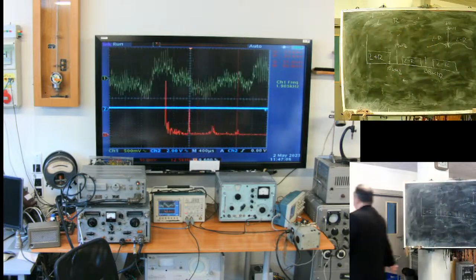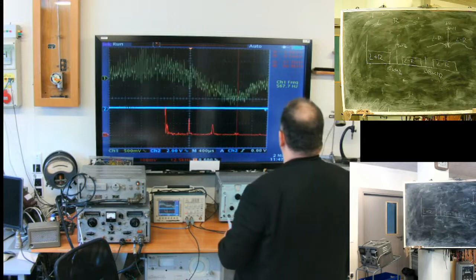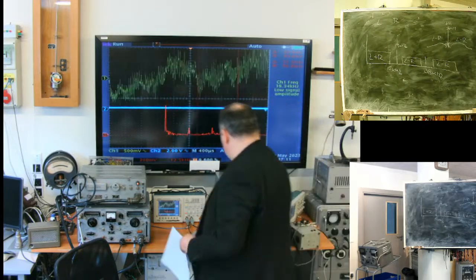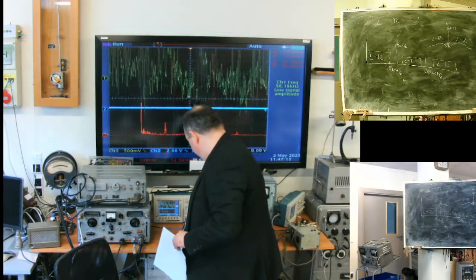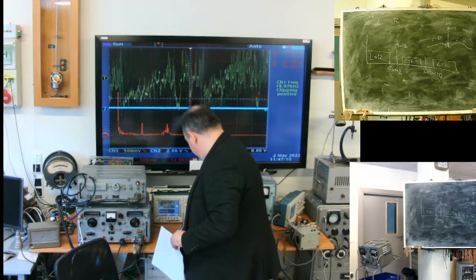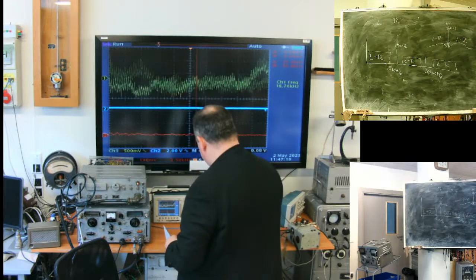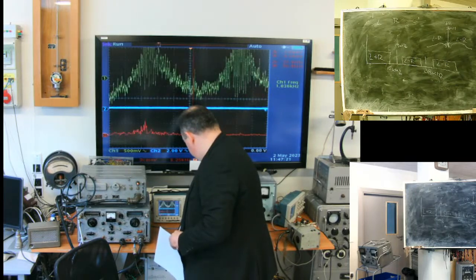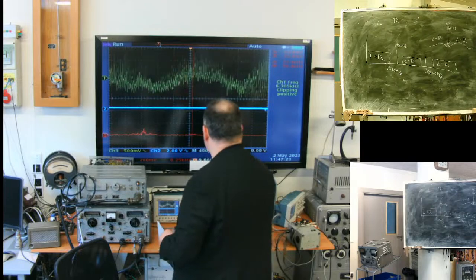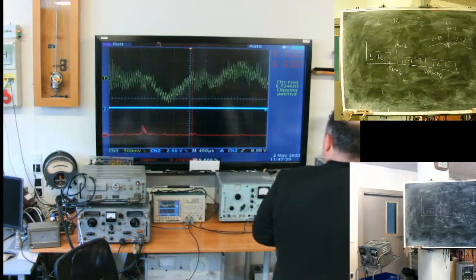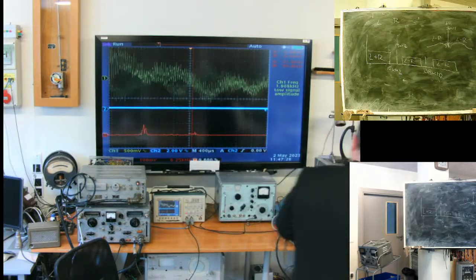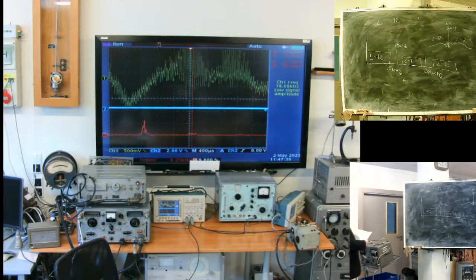I need 56. Yes, I'm in the right position. Something goes on around 56 kilohertz.